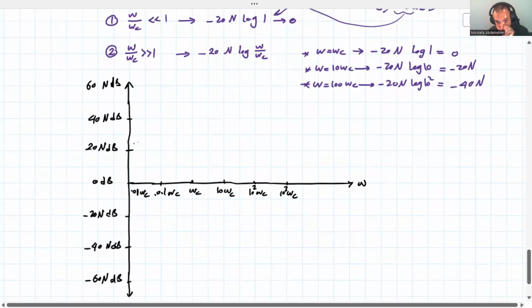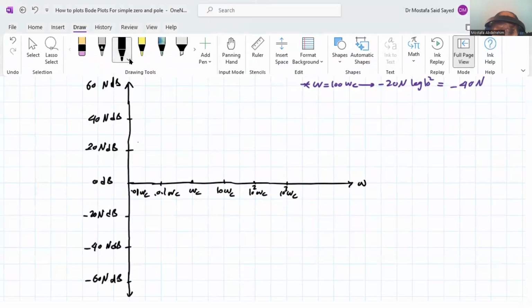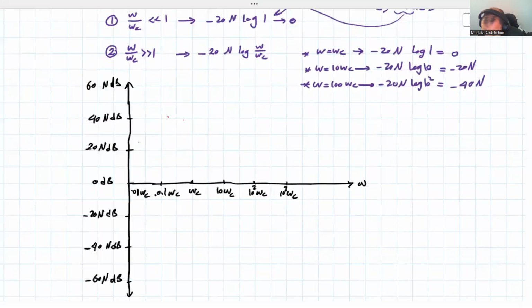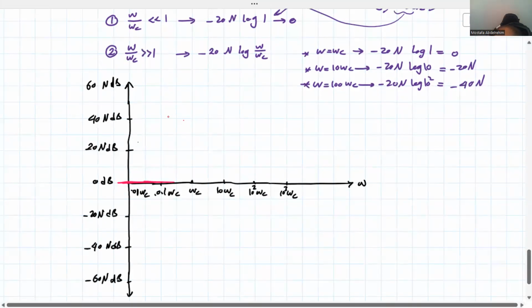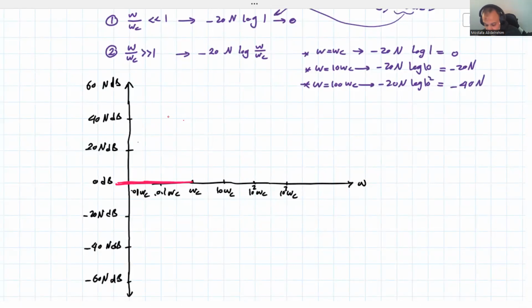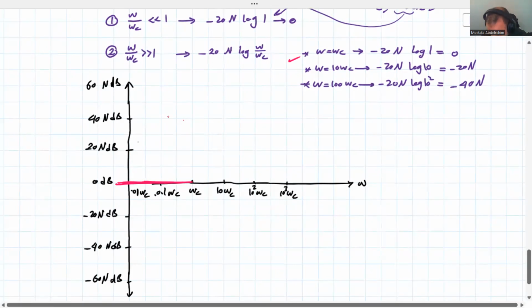This is omega. Now let's put the points. For any value less than omega c, we used to put 0. All these values are 0, and we continue until omega c because we know at omega equal to omega c, we have 0.